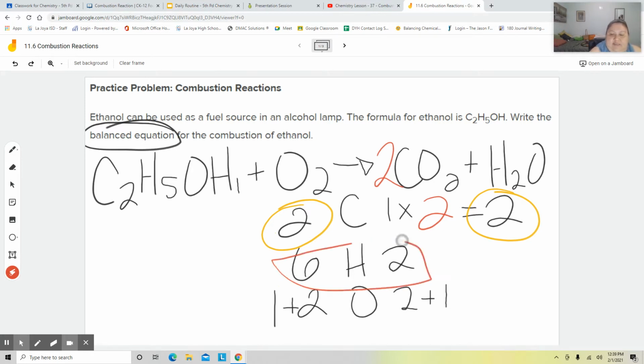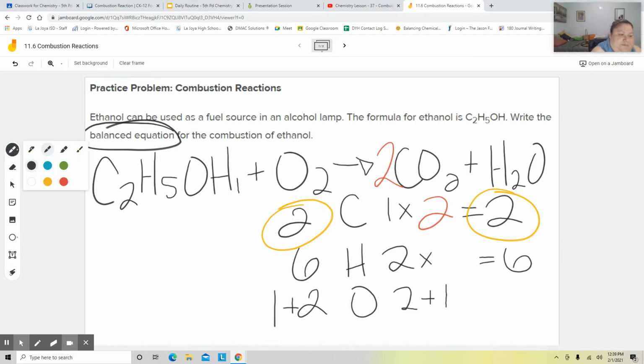Okay, what's next? I have a 6 here. How can I make this 2 into a 6? I know I need to multiply, but what do I multiply by? 2 times 3. I agree. Does everybody else agree with her? Oscar, do you agree? Jeremiah, Jose, Caitlin?